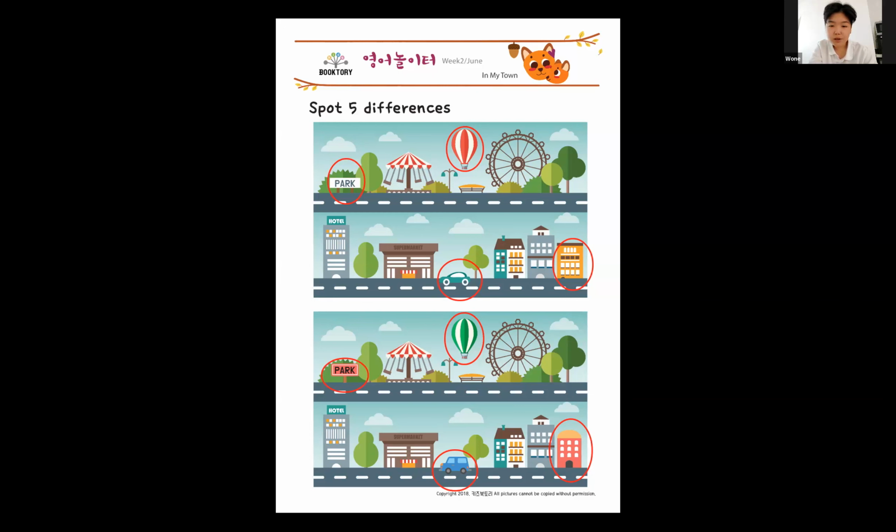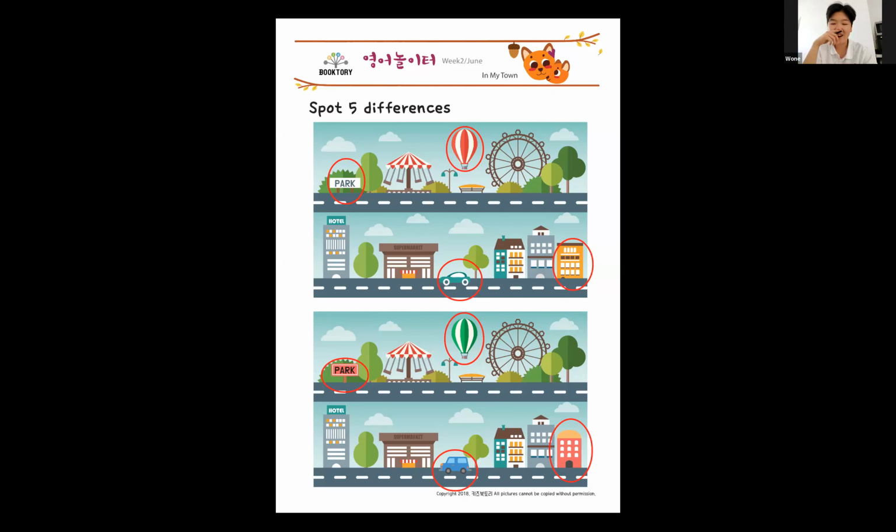One, two, three, four. There's one more. I'm sure it's very obvious, but I cannot find it. Are you sure that there's 5 differences? I only see 4. So if you can find the 5th one.